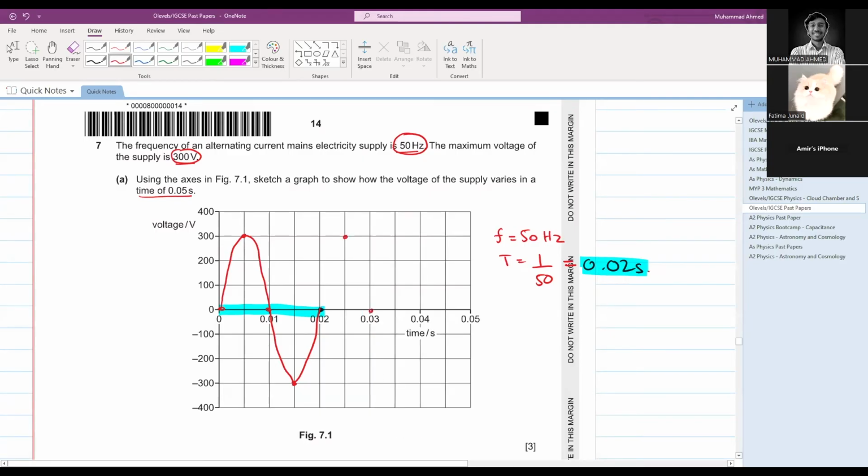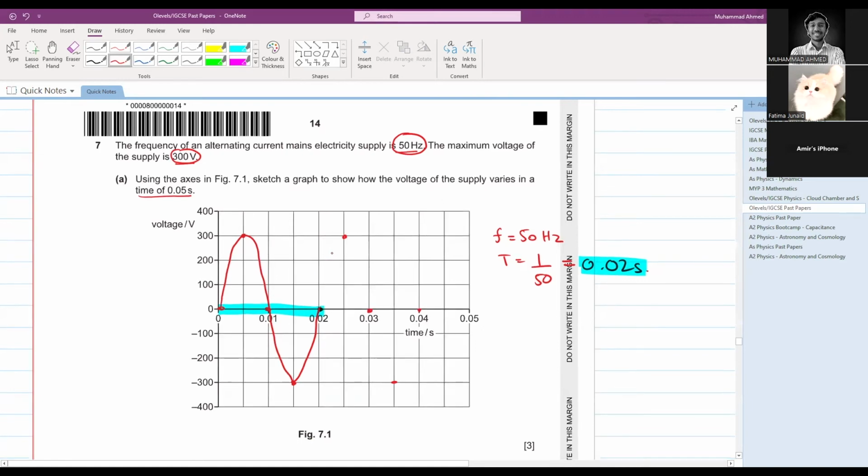Somewhat like this, and like this. Oh, we have to draw a sine wave. Sorry for that. Somewhat like this. Yeah, like this. Probably you can draw a better drawing than me with a pencil.